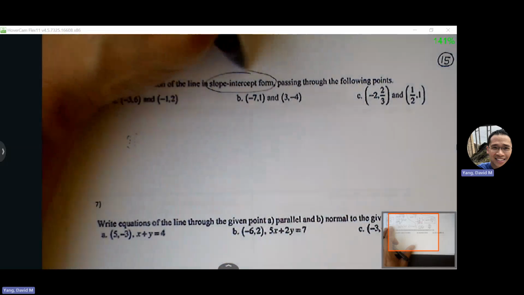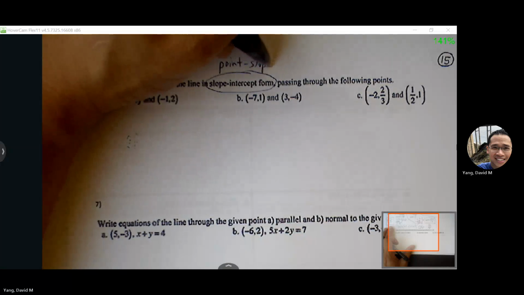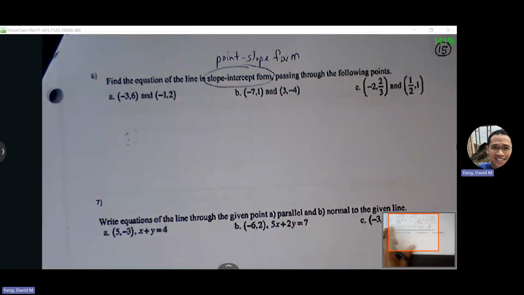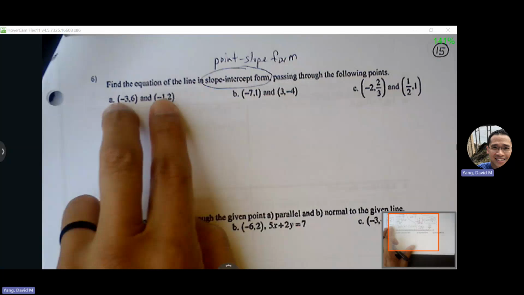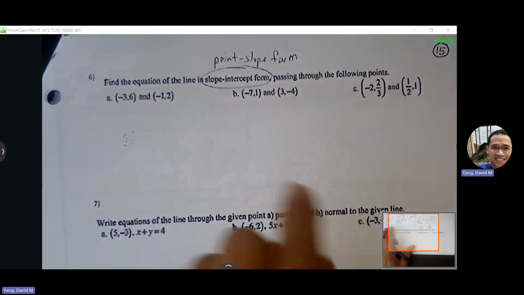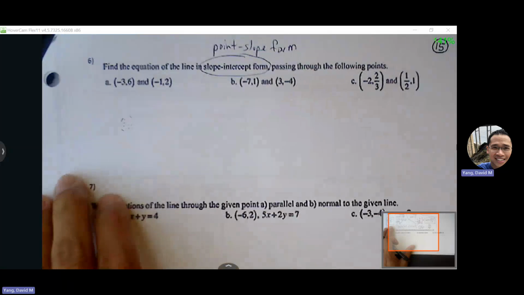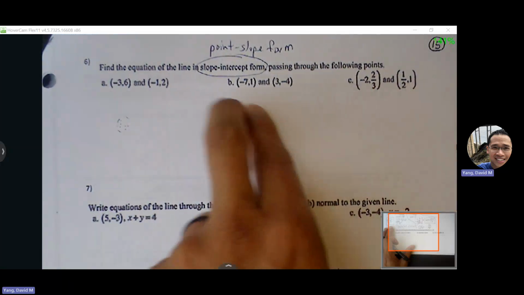Ultimately, it's up to you. I'm just going to say, let's just do point slope form, because that's the form that we want to get really comfortable with. But if you did slope-intercept form, that wouldn't be wrong either. So we're just going to take 2 points, find the slope, and then use either point to put it into point slope form, right? So all these you can just do slope formula to get to the slope.